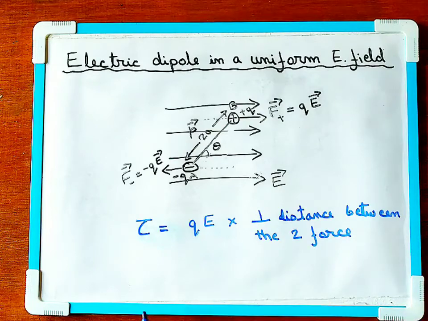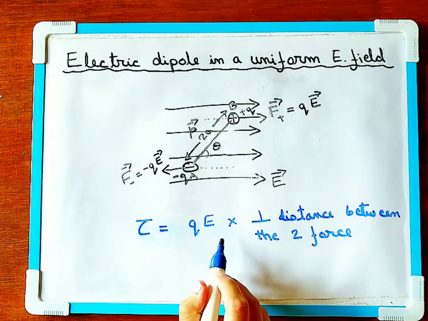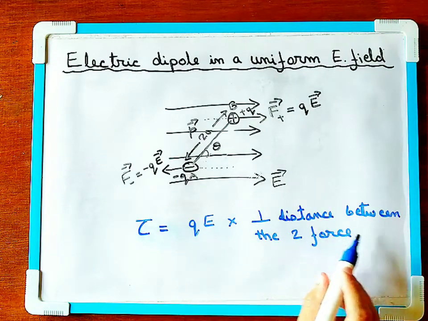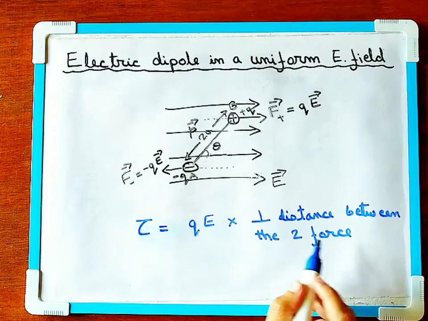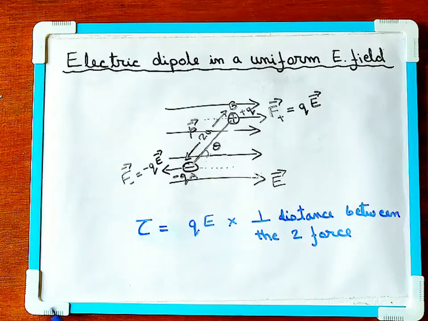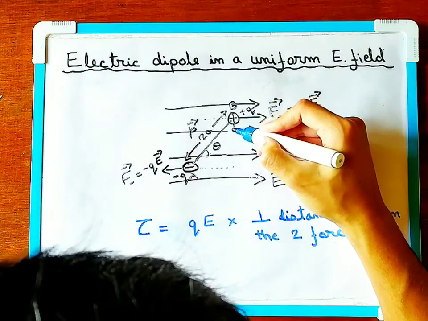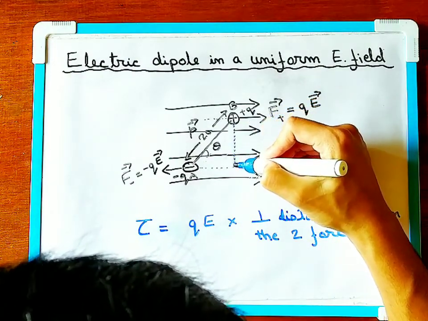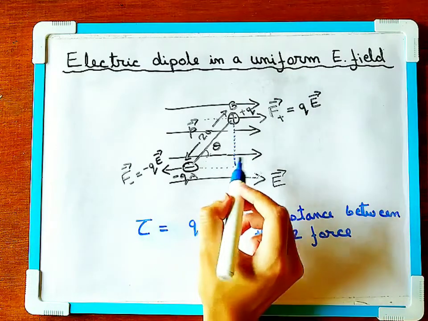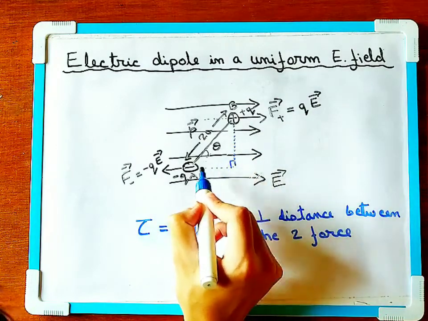So this is the torque: magnitude of either force into perpendicular distance between the two forces. Here we'll have to see which one is the perpendicular distance. So what I'll do here is I'll extend this line, and this is perpendicular to this line.